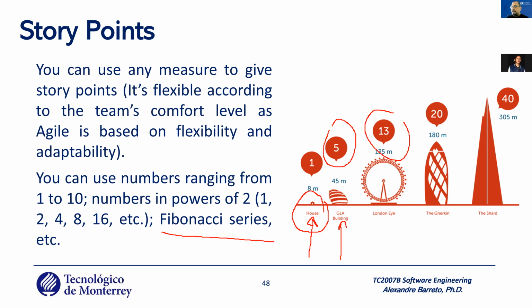It's easier to say that it's 5 times harder than to say it's 2 times harder, because 2 times is close to the estimate, and you don't know exactly the difference.